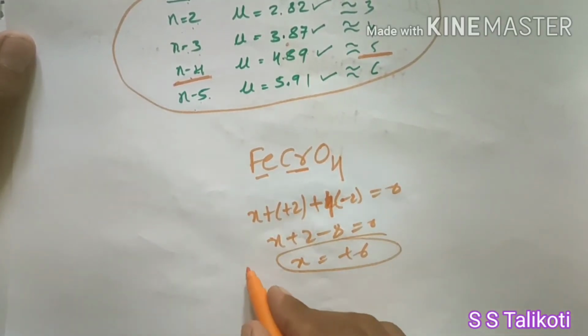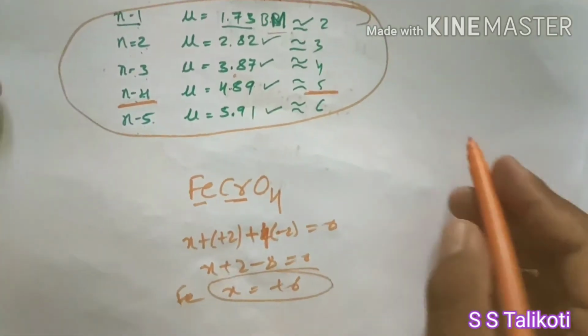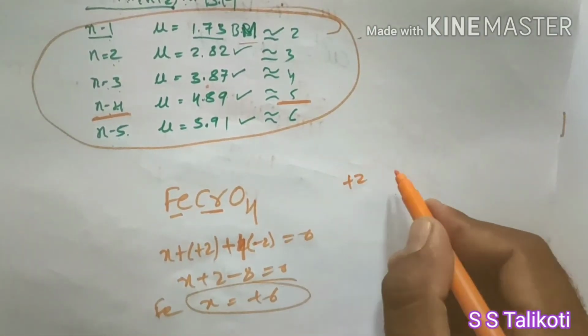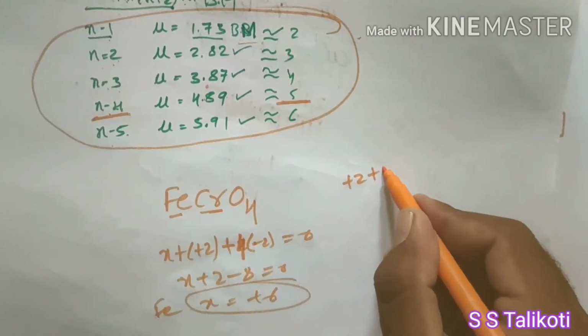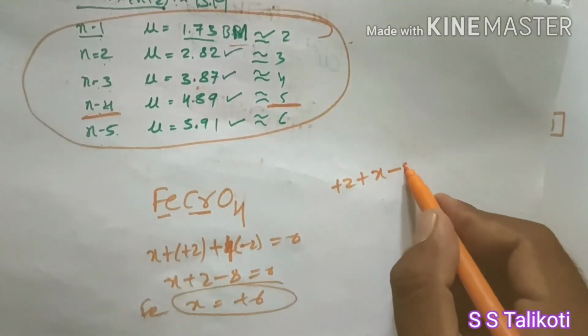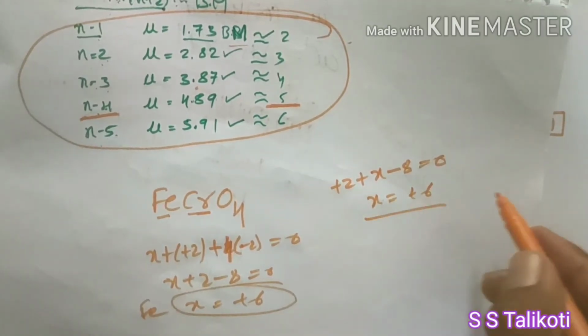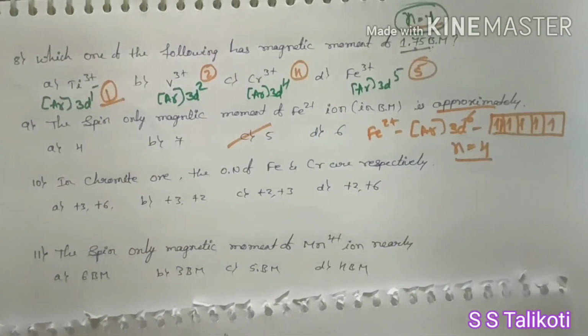This is for Fe. For chromium, first iron is in +2 oxidation state plus X, again -8 equal to 0, therefore X equal to +6. Wait, here something changes.